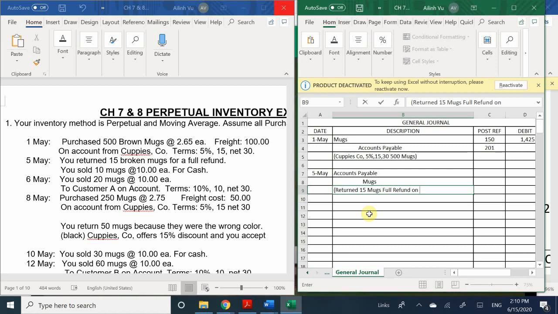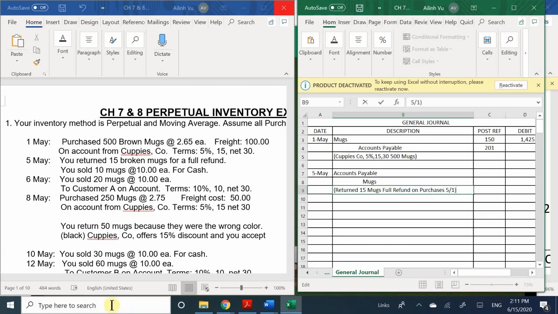So that's for $39.75. And then I'm going to add my parentheses here.